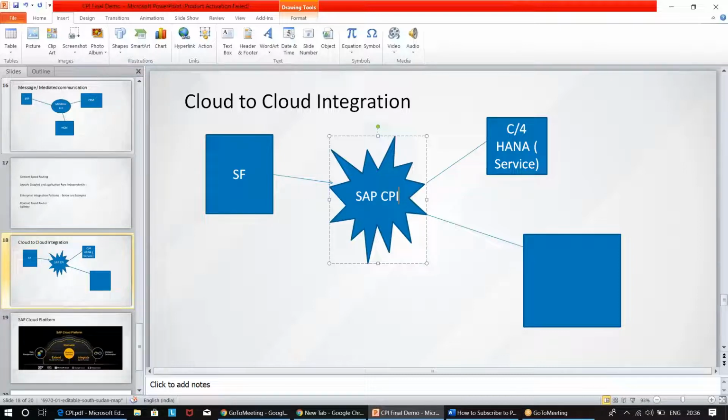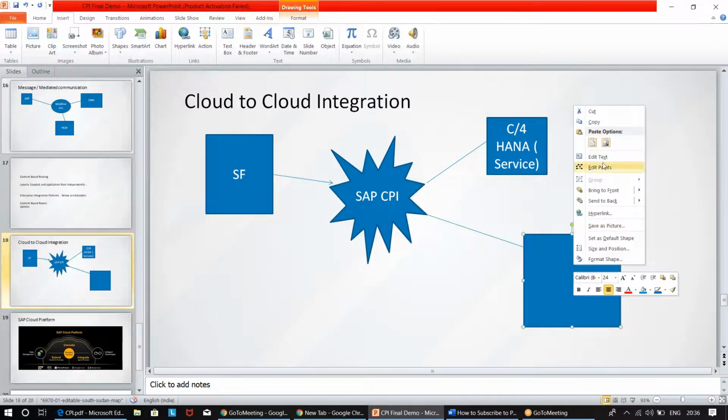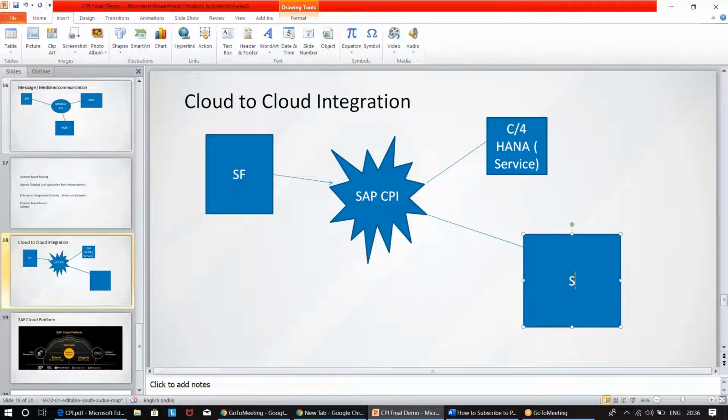I'll tell you one more point here, which is very important. Sometimes people ask me, CPI is very easy for cloud to cloud integration, but it becomes a pain also in case you have applications like Salesforce, you can connect, you can integrate, but not that easy. Workday.